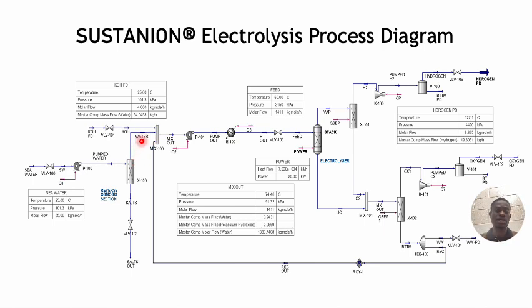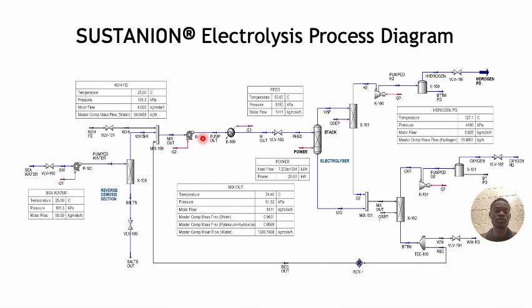The purified water goes in here, and it's mixed with a KOH stream as well as a recycle stream from down the line of the system. The mixture is made in such a way that the process feed coming in constitutes a 1 molar solution of KOH.